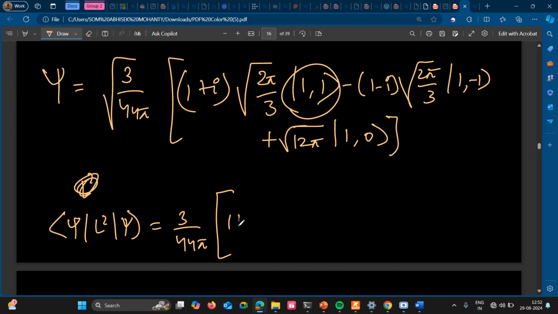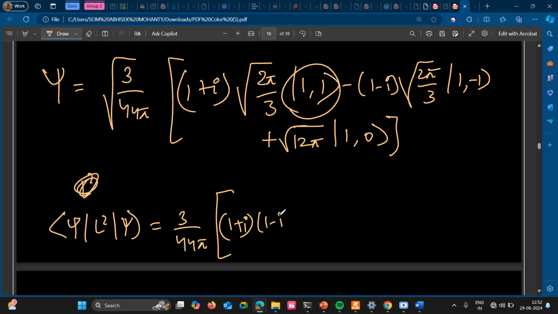So 1 plus I, 2 pi by 3 square, 1 1. Wait, wait a minute, no, no, this is wrong. Because the first one will be the complex conjugate. So 1 plus I into 1 minus I, it will be right. So 1 plus I, got it?